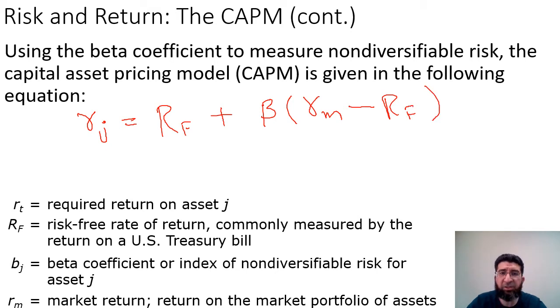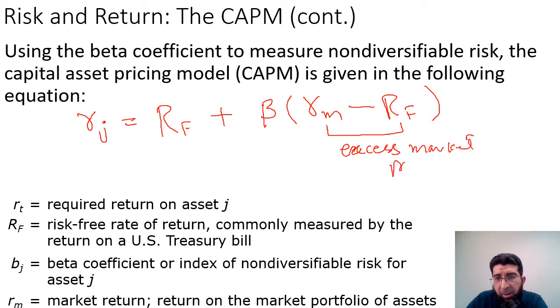There are different notations used across sources. However, the idea is that this is the excess market premium. So return on market is what the market offers, minus RF.